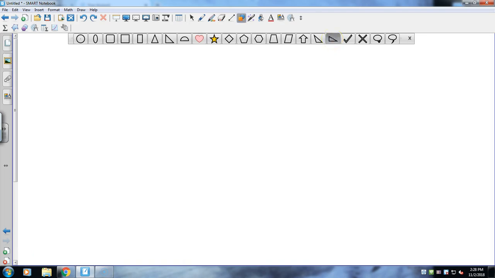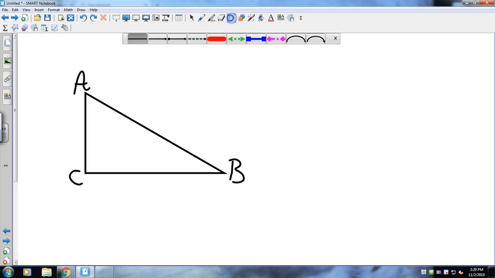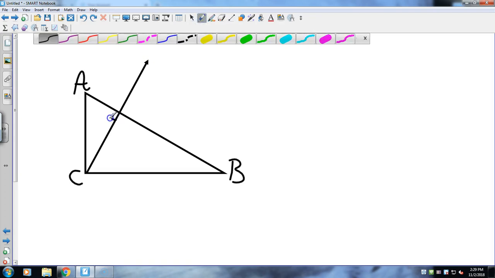So if I wanted to find the altitude of, let's say, side AB, then that altitude would be drawn from vertex C, and the key would be, where am I going to get a 90-degree angle? Not here, not there, getting a little bit closer. So I would say my best human error would be right there.